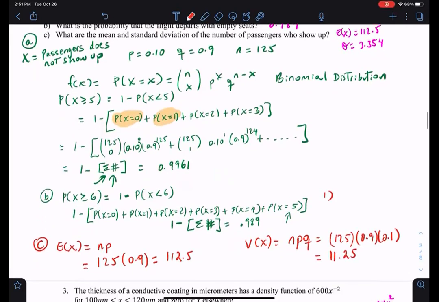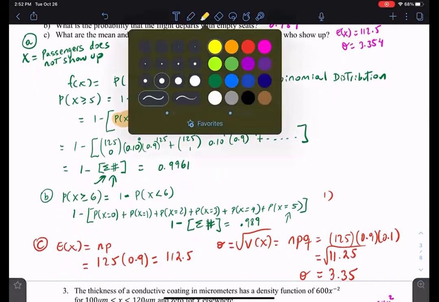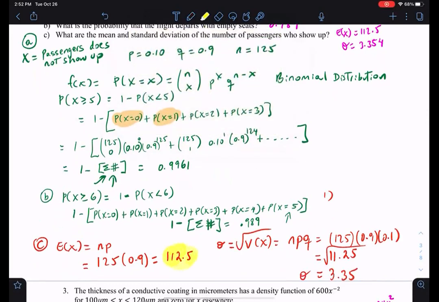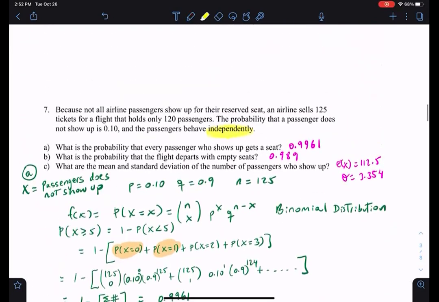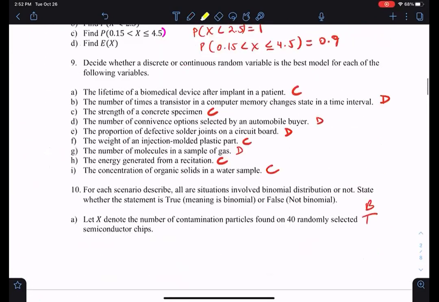But we're looking for the standard deviation, so you take the square root of that, and the standard deviation is 3.35. Okay, that's the answer for that problem. That part is not that difficult. So this is the expectation, the mean and the standard deviation, of the passengers who show up. Okay, that's done.